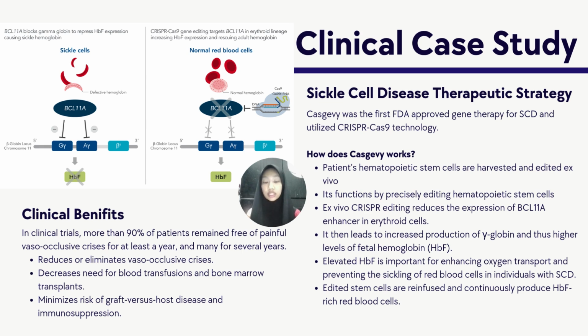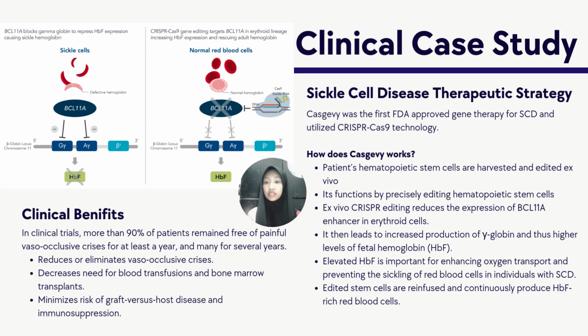Instead of directly fixing the mutation in the beta globin gene, Casgevy takes a smarter approach, which edits the hematopoietic stem cells to reduce the activity of the BCL11A gene. It is a gene that normally shuts off fetal hemoglobin after birth.